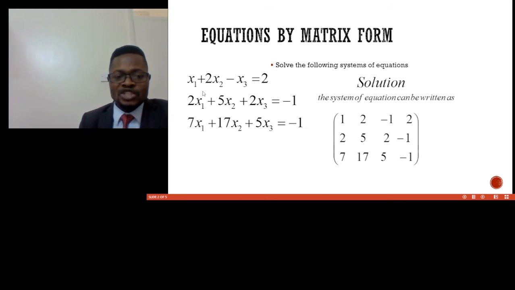So now we have x1, which is 1, 2x2, which is 2, and negative x3, which is just negative 1, equal to 2. And here we have 5, we have 2, and we have negative 1, then 7, 17, 5, negative 1. So this is our matrix form.